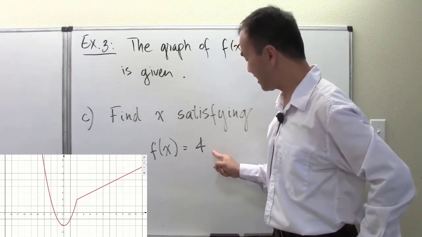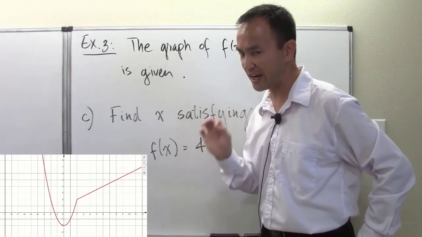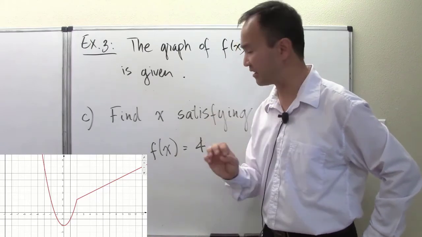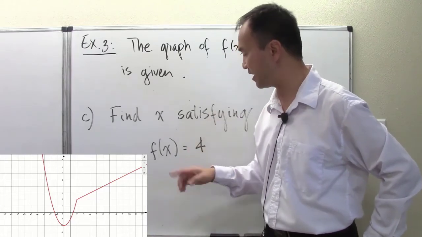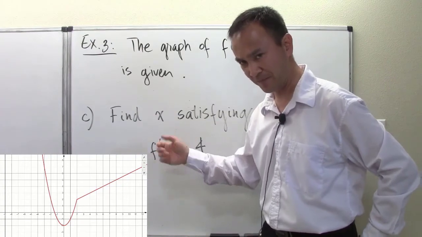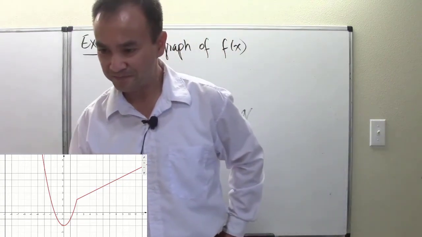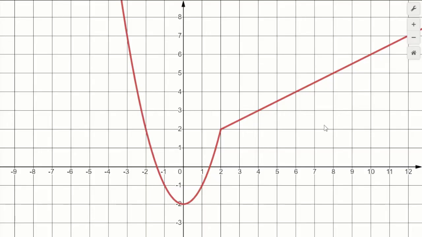All right, so now in that way, let's search for it. And again, anytime we're reading things from a graph, the best we can do is simply to estimate. Okay, and so now, mainly as what we desire, we want the function output to be 4. So 4 is about here.